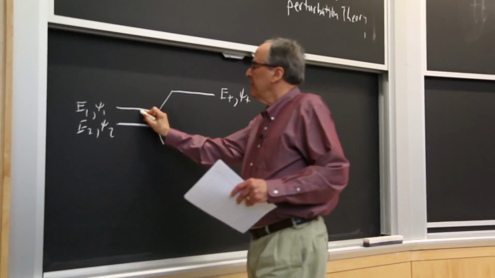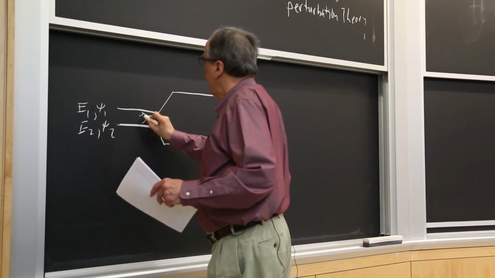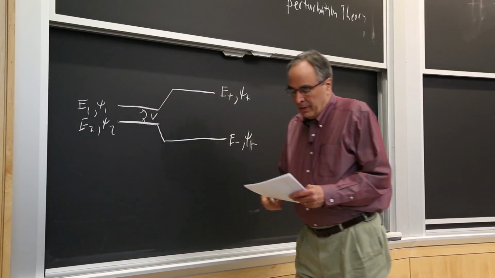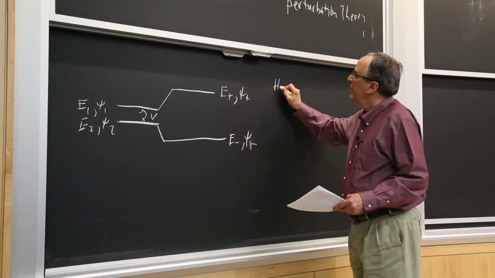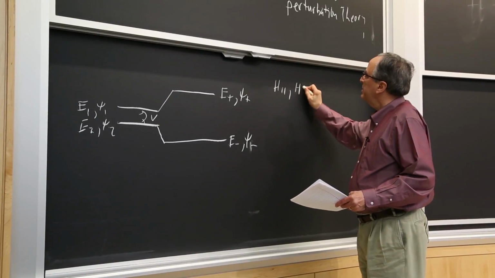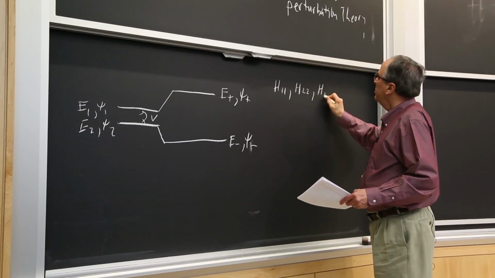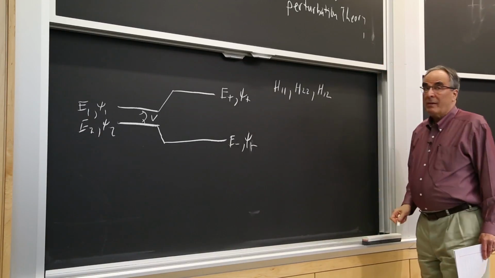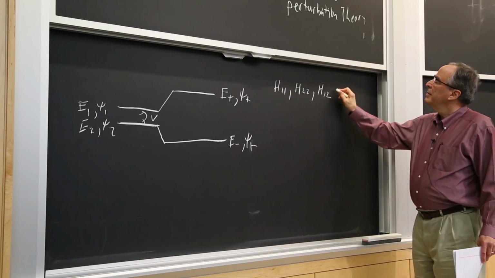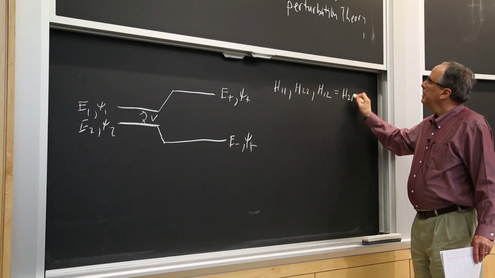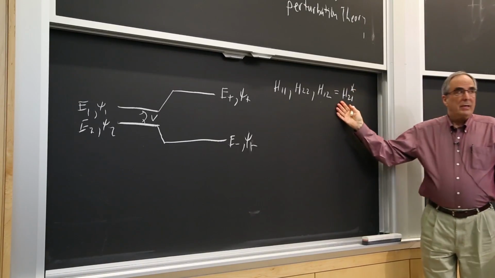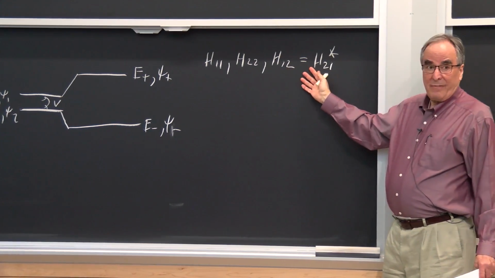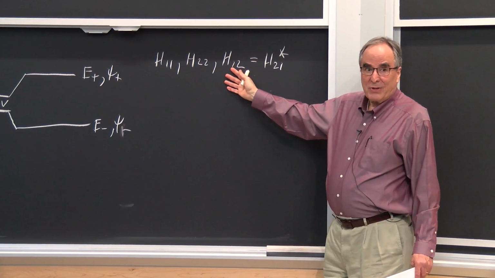And so we have something in here. So we have these integrals, h22, h12. And because it's a Hermitian matrix, it's equal to h21 star. That's the definition of a Hermitian matrix.